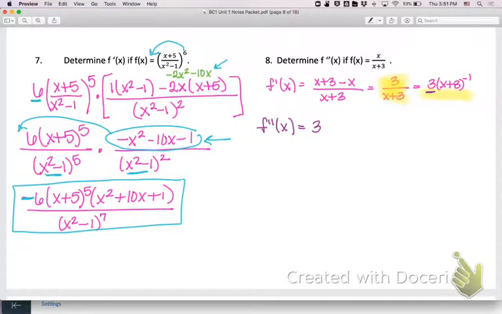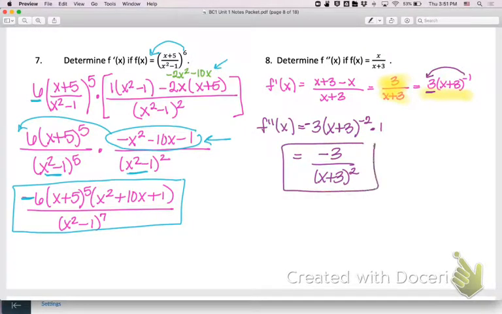And in fact, when we take the derivative, we're going to multiply by the -1, so that's going to make the 3 negative, times x plus 3 to the -2 times the derivative of the inside, which is just going to be 1. But we can rewrite that as -3 over x plus 3 to the positive 2 power. That is our second derivative.